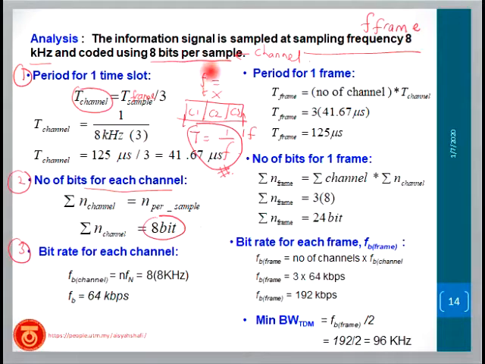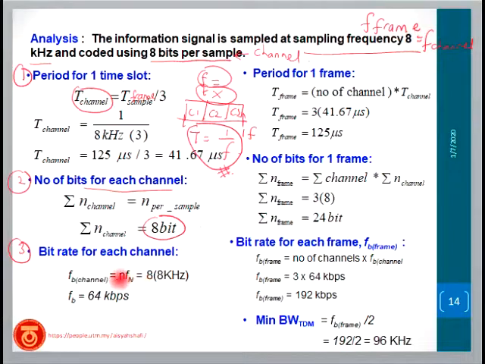As I mentioned before, for TDM, the frequency is the same for all channels but the time is different. So this F frame, the sampling frequency of 8 kilohertz, is also F channel, because the frequency for frame and channel is the same for this system.